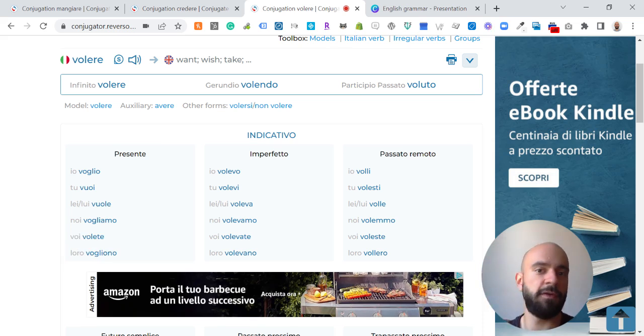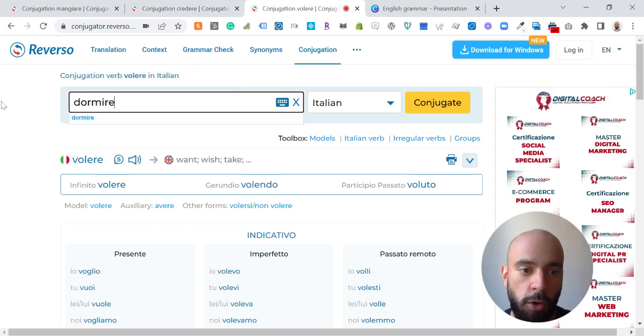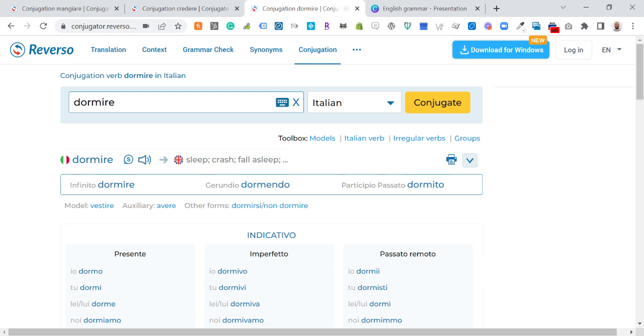Go see the video about volere, because you have to learn volere. But it was just an example to tell you that there are indeed irregular verbs, but do not let them freak you out. If you memorize the three families, are, ere, ire, and their own conjugations in the present tense, you're good to go. You can come up with something, and 9 times out of 10 you will be right.